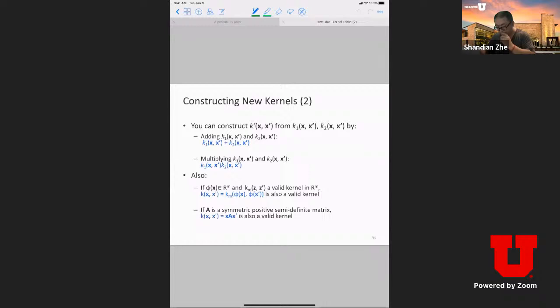You can even first perform some feature mapping over x and x', of course it might be some finite feature mapping for computational convenience, and then feed them to another kernel, and the result is still a valid kernel. And you can also use a symmetric positive semi-definite matrix to construct a kernel, which is called a bilinear form.